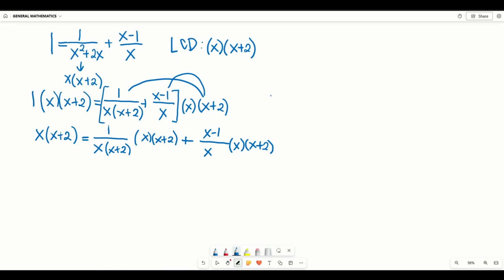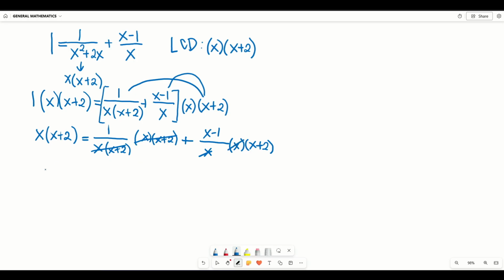Then again, we need to cancel out common factors. Or yung kung meron sa denominator tas may naka-multiply or nasa numerator, pwede mo siyang i-cancel. So I have here x times x plus 2 and x times x plus 2. And then here, meron akong x sa denominator. So ang ika-cancel ko lang din dito ay si x.